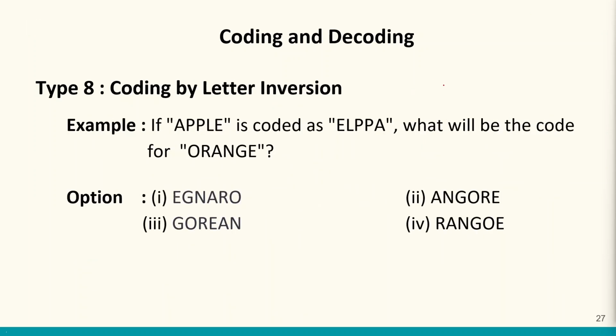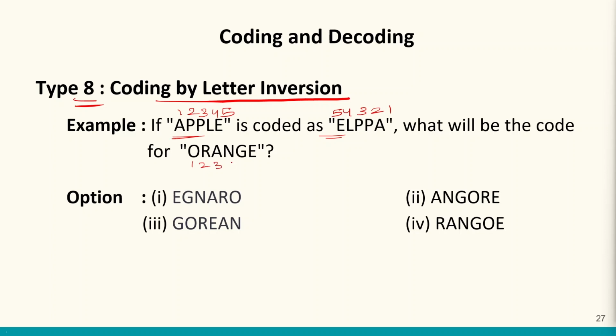Now this is the eighth type, which is coding by letter inversion. I gave you an example of apple, right? It is written in the reverse order. So if we rank them like this, A 1, 2, 3, 4, 5, the code is 5, 4, 3, 2, 1. Now we have to find the code for orange.